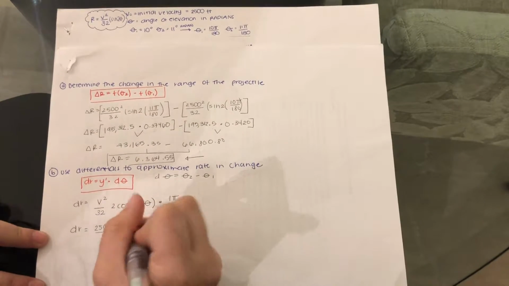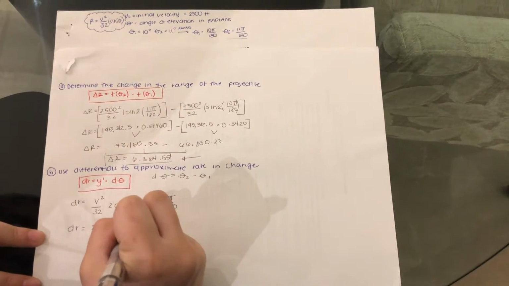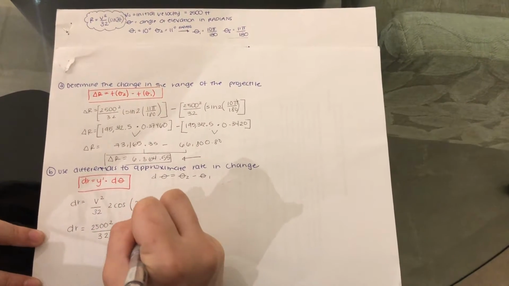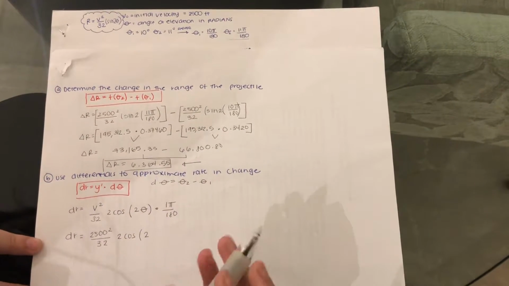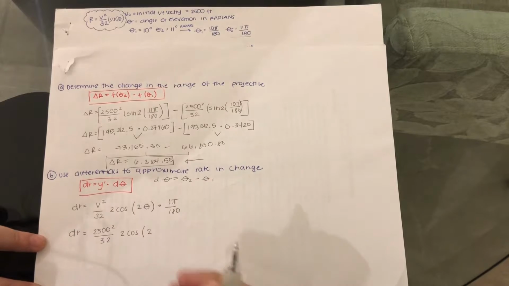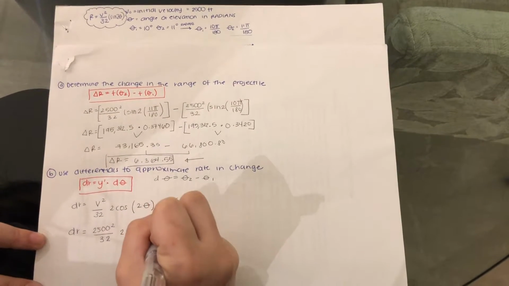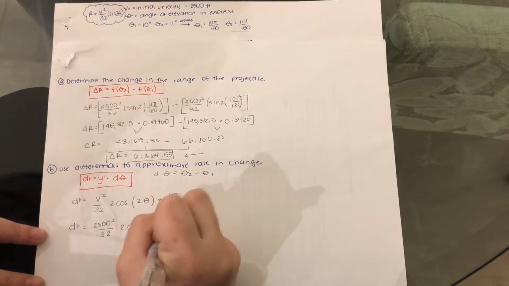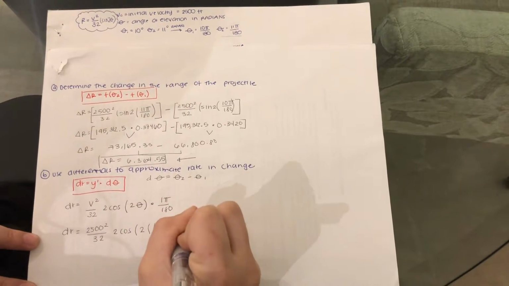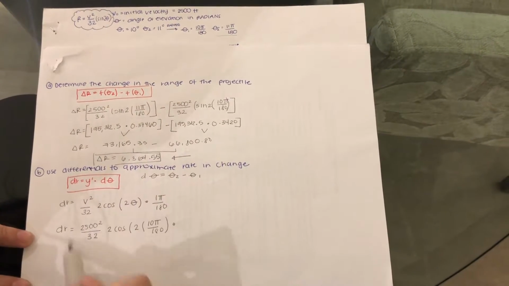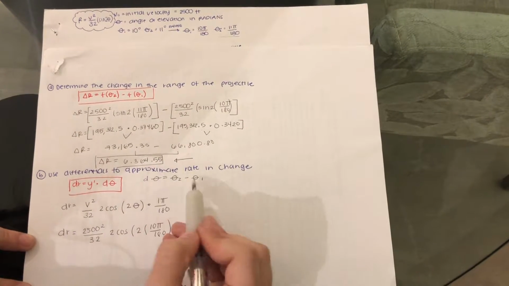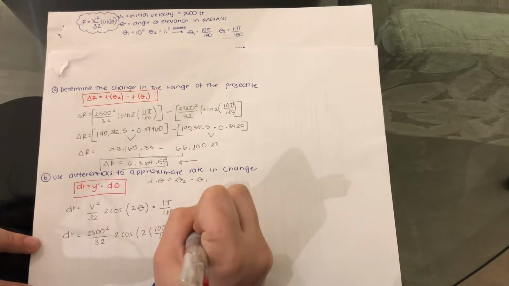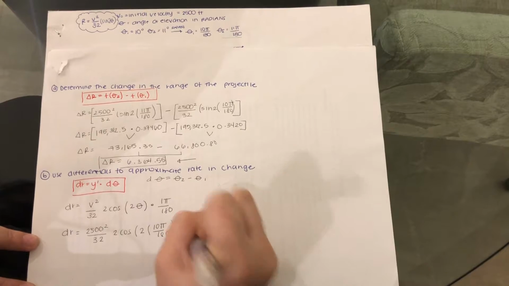We're gonna multiply everything times 2 cosine of 2, in which the angle that we're gonna be using here will be the one that we got first, our initial one. So times 10 pi over 180. And we multiply all of this equation, as the formula says, by our delta that we got here at the top. That would be 1 pi over 180.